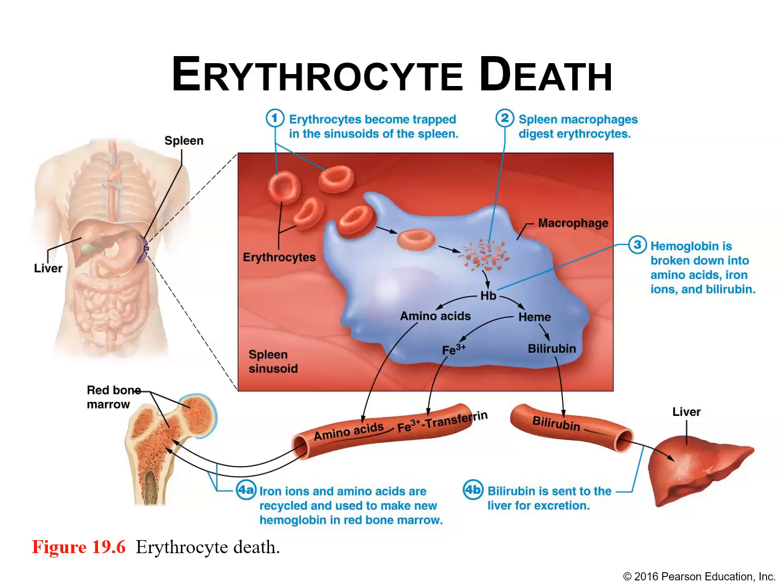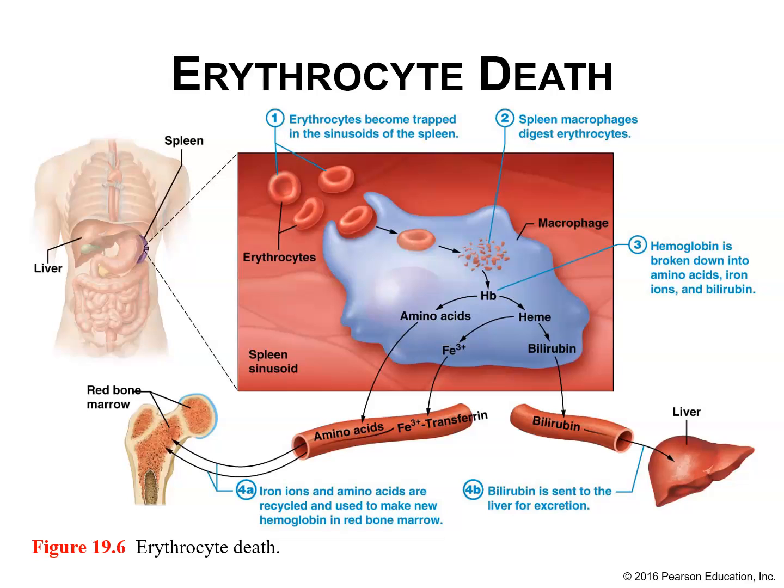So first, your erythrocytes become trapped in the sinusoids of the spleen. The splenic macrophages then digest the erythrocytes and break them up. Hemoglobin then is broken down into its constituent components. First, remember, these are polypeptide chains, and so the polypeptides are broken down into their constituent amino acids, and the heme group in the middle of the polypeptide is going to be broken down, and the iron is taken out and then transferred back into the blood, bound to transferrin, back to the bone marrow.